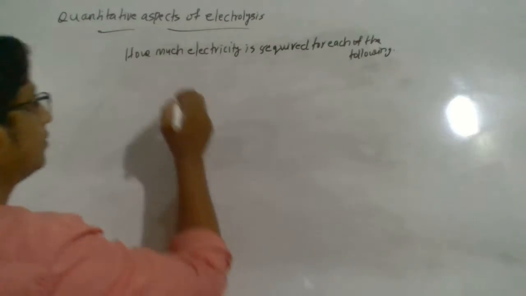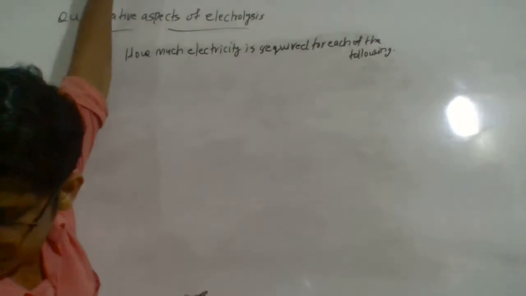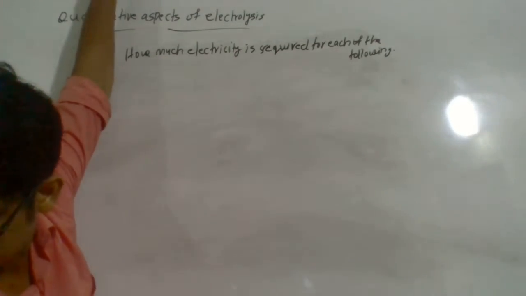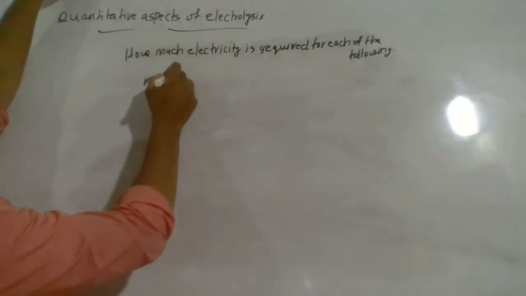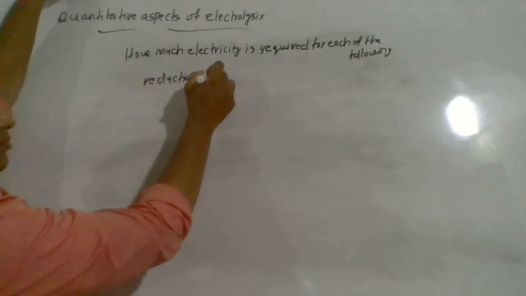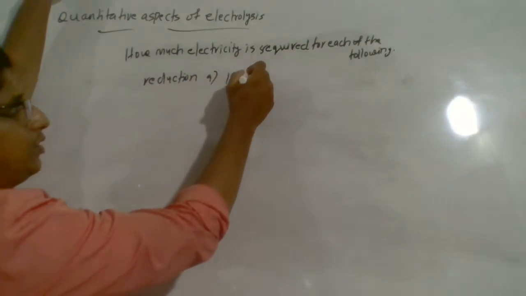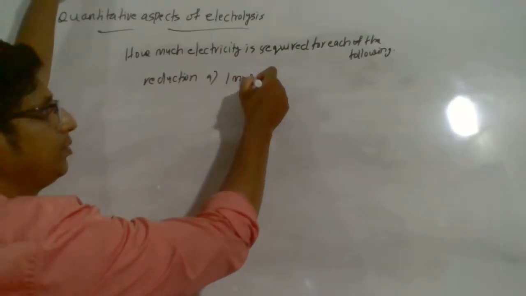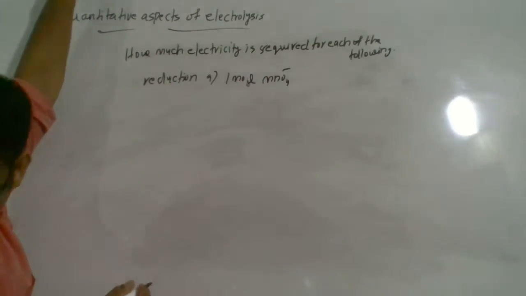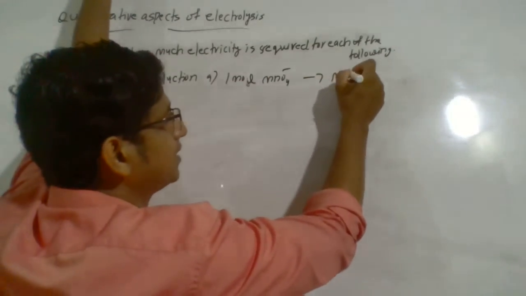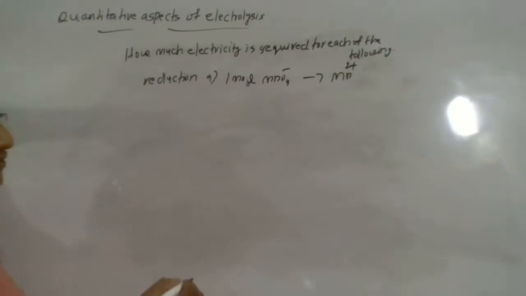Here, talk about reduction reaction, the reduction from 1 mole of MnO4 minus to 1 mole of Mn2+. Okay, that's the first one.